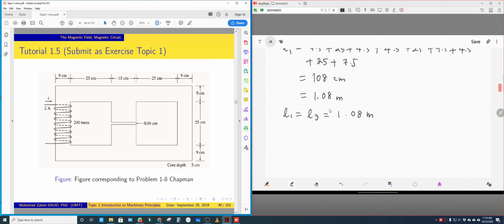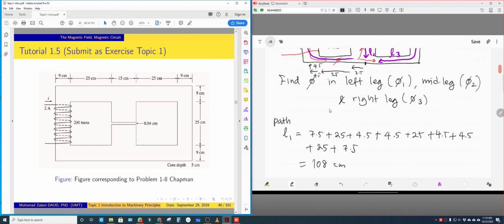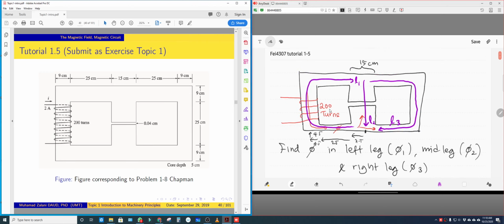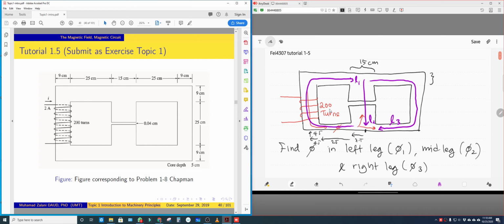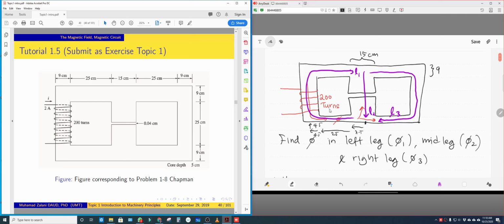How about L2? So L2 starts from the top. So L2 is half of 9, because this width is 9. So half of the 9, it starts from here, sebab dia mean path. Sebab dia akan sentiasa kita ambil daripada average.